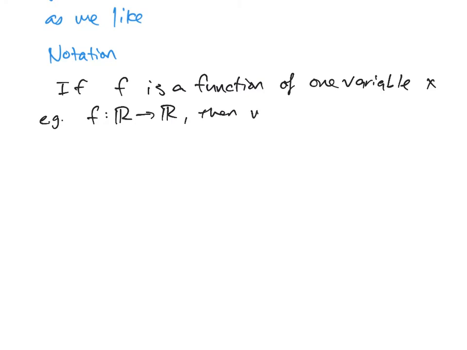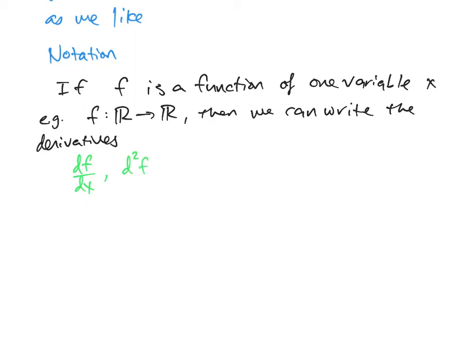Then we can write the derivatives a number of different ways. One way, the more formal way that you would have first seen it, is the derivative of f with respect to x, df/dx. And then the second derivative, you do a little squared, d²f/dx². That means two derivatives of f, both with respect to x.